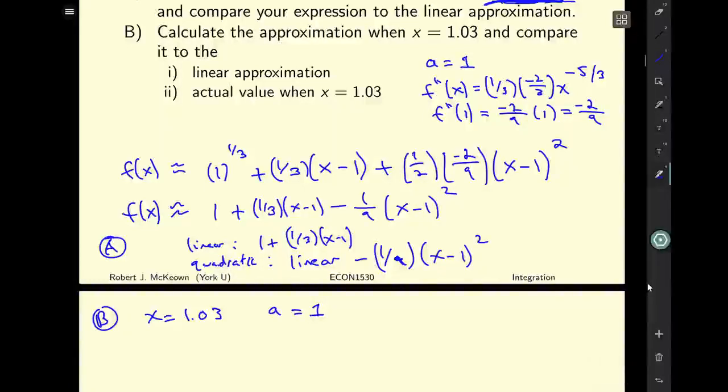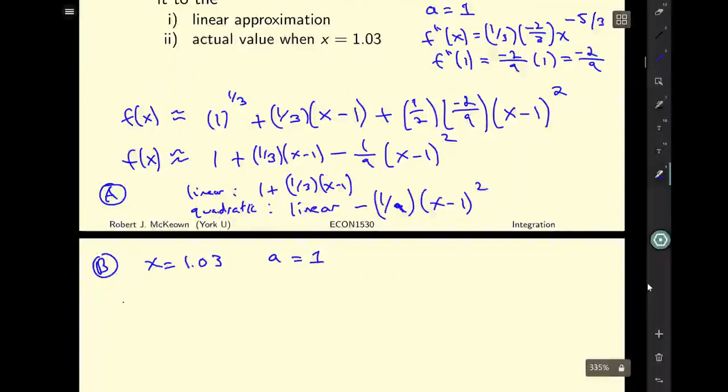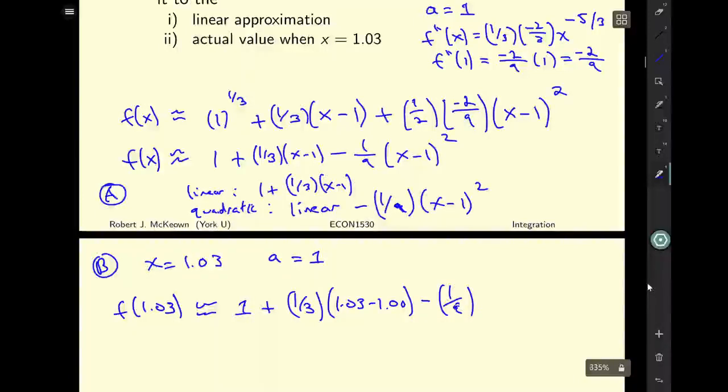That's why we had all these minus 1s in our answer to part A. So the approximation of f evaluated at 1.03 is approximately equal to 1 plus 1/3 times 1.03 minus 1, minus 1 over 9 times 1.03 minus 1.00 squared.